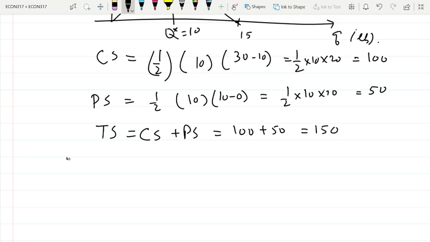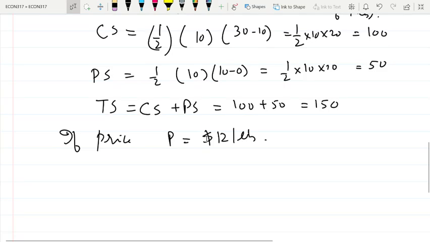Say the price P is, instead of $10, $12 per pound. We will find the quantity demanded and quantity supplied, and we will see that they are not equal. Now it is convenient to use the demand function rather than the inverse demand function.